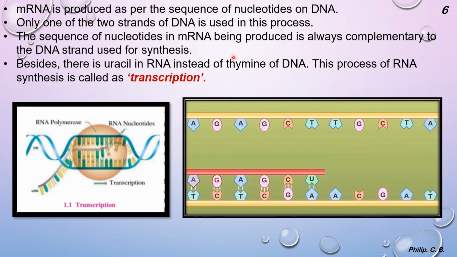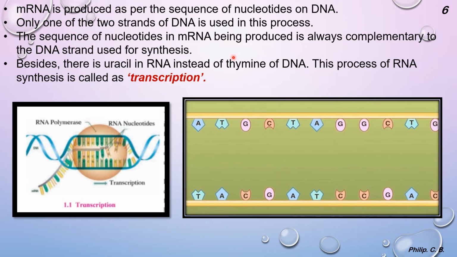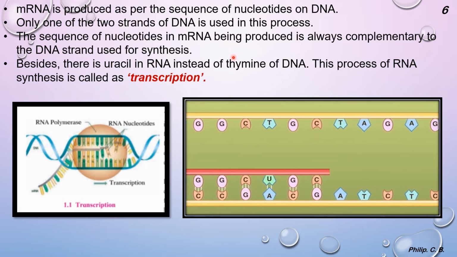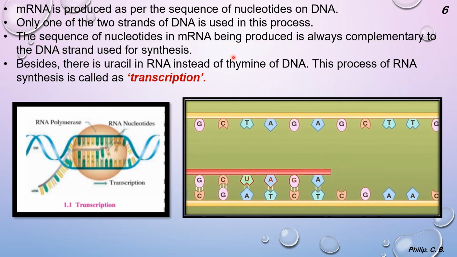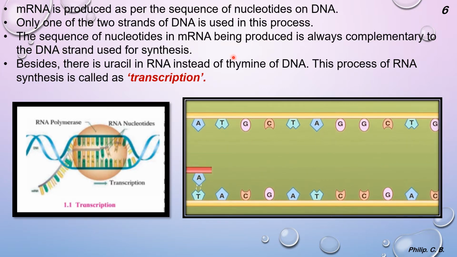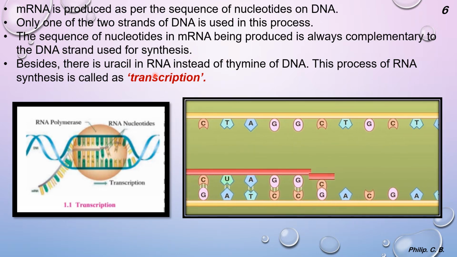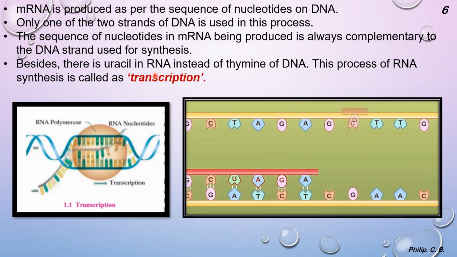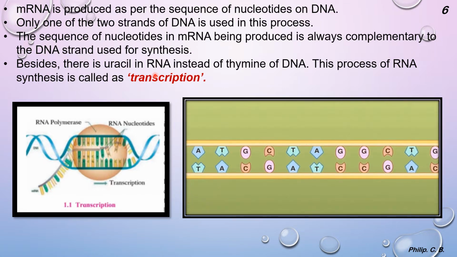Now, what is complementary? When the DNA strand is used for the synthesis, the complementary strand is made with the help of the nucleotides already present in the pool. Besides this, there is uracil. As I told you, it is the ATGC pattern in case of DNA, that is the nucleotides adenine, thymine, cytosine and guanine.